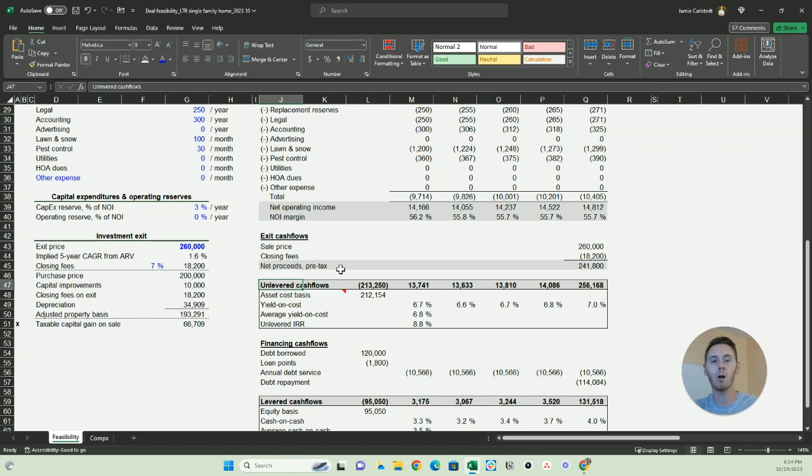Because if it doesn't make sense all cash, it probably is not going to make sense leveraged. Because by adding leverage to the deal, you're increasing the risk of the deal. So if it's already a bad deal all cash, it's probably higher risk and probably a worse deal that you're forcing to make work by adding debt to the deal.